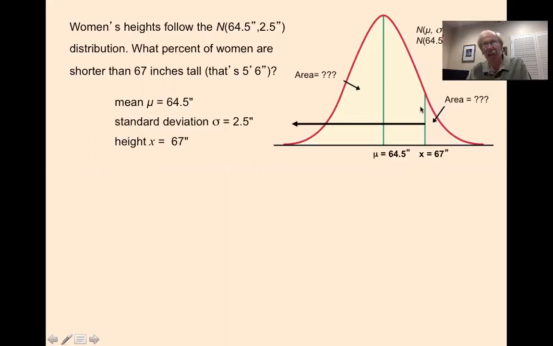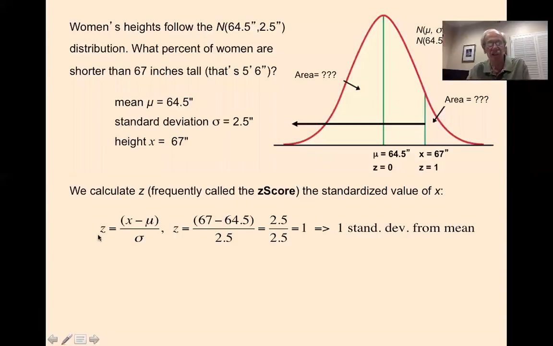So I wanted to find out the percent of people less than 67 inches. 67 here, and I want all of this yellow area. The way to work that is you first compute a z-score.